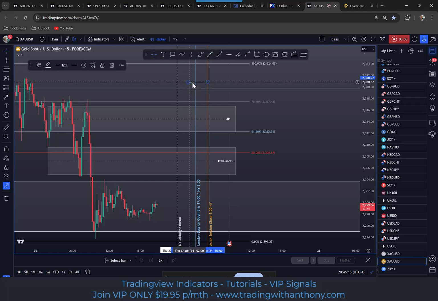So it's going to be this time zone through here from about 2 a.m. in through to 5 a.m. New York. Right now, this is an ICT concept, not my idea. Right, this is the London kill zone. Right, so this is where I want to look for the opportunity.